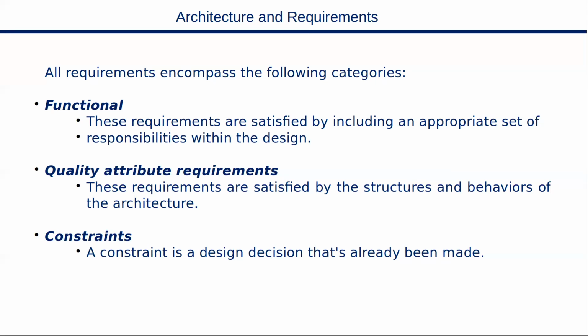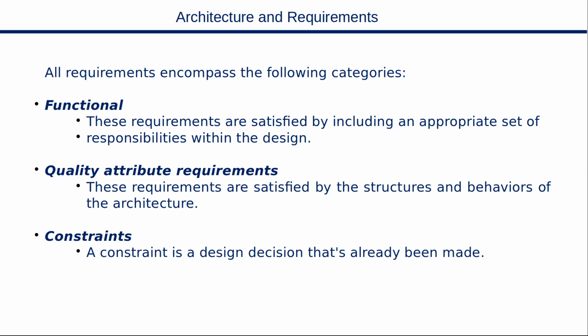Another point we have to pay attention to is constraints. A constraint is a design decision with zero degrees of freedom. So it's a design decision that has already been made.